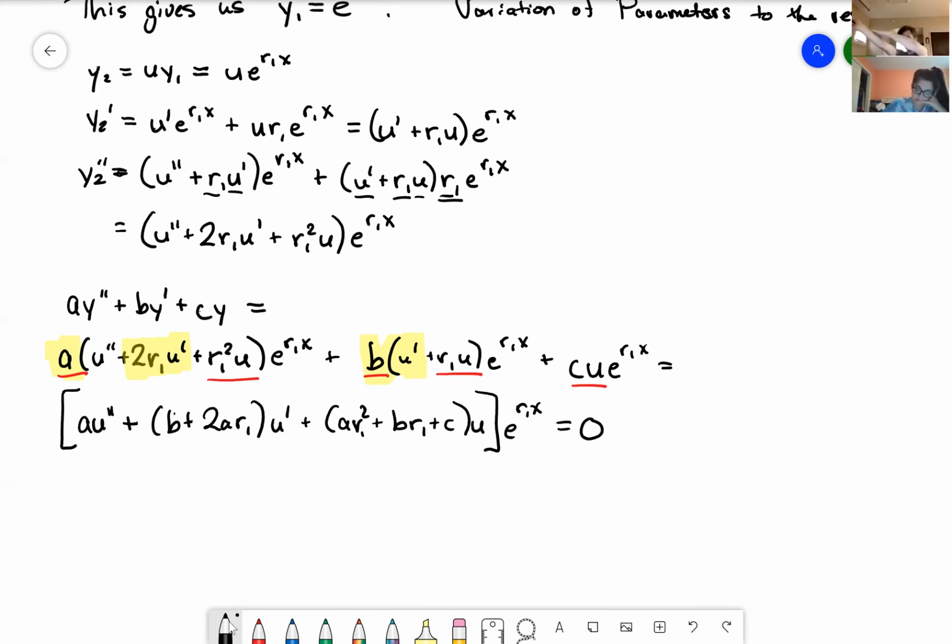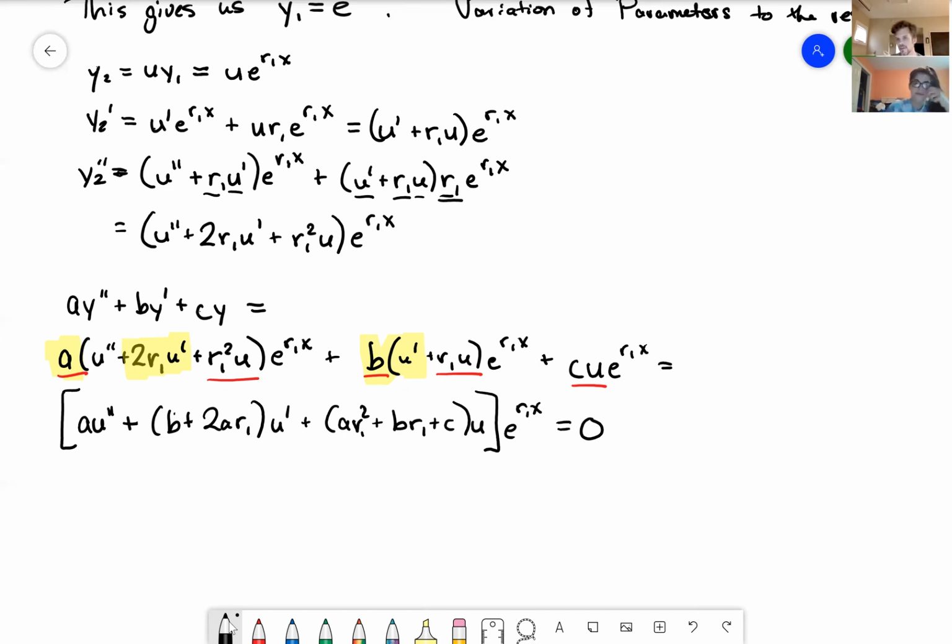Okay, now e to the r1 x, like we've said many times, is not equal to 0, so we can divide both sides by it. And we're just left with what's reminiscent of a polynomial, right? The coefficients are a, b plus 2a r1, and a r1 squared plus b r1 plus c.